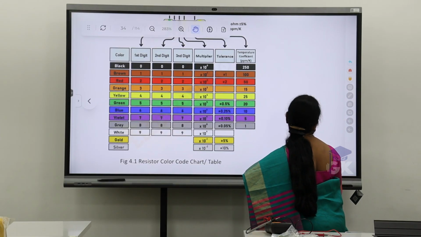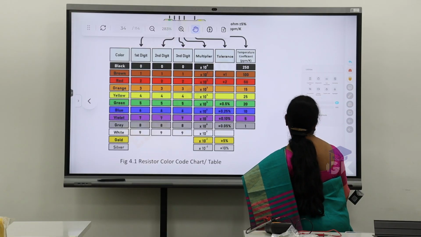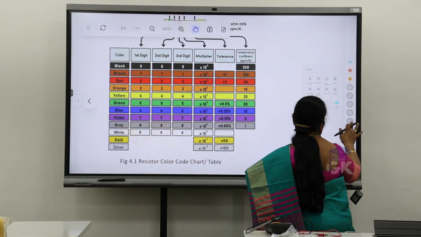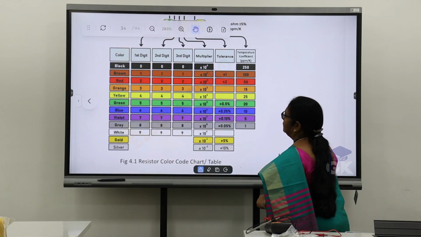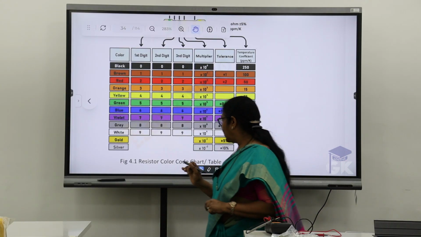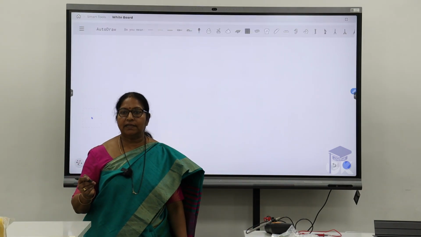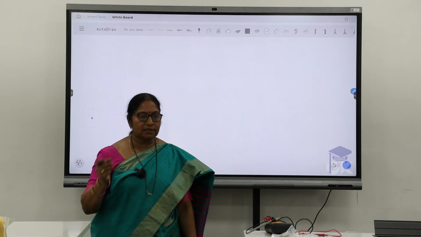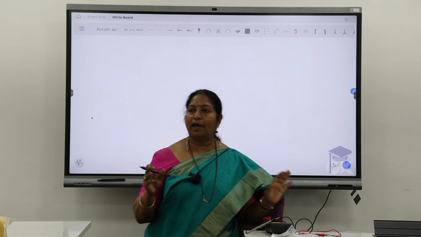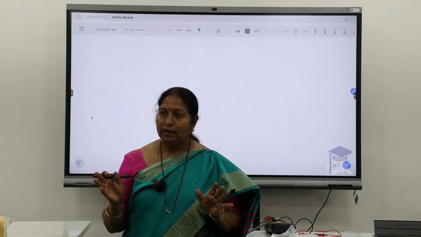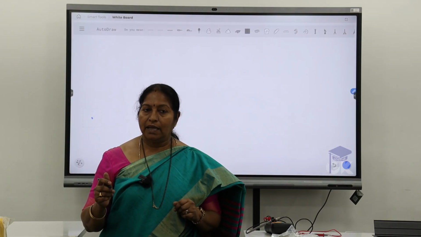Same current. Okay, technically. Then? Components are connected one after another. Practically how do you say that resistors are connected in series? One technical term you used is same current. When the same current flows through all the resistors, we say that resistors are connected in series.